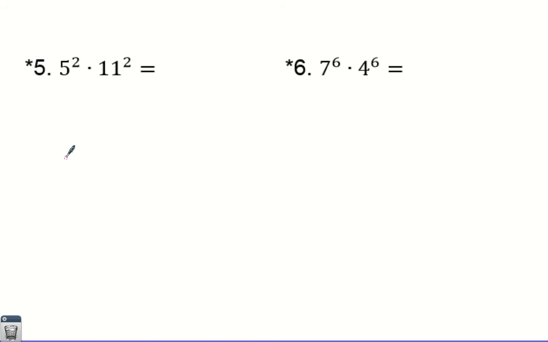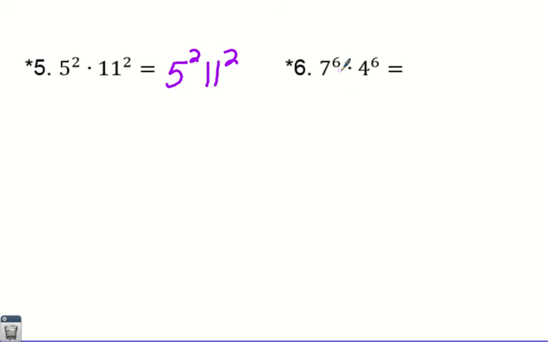So there's really nothing I can do here, especially when the directions said to leave this in exponential notation. I could make this into 25 times 121, but if you're supposed to leave it in exponential notation as per the directions, there's nothing I can do. You can't really do this.